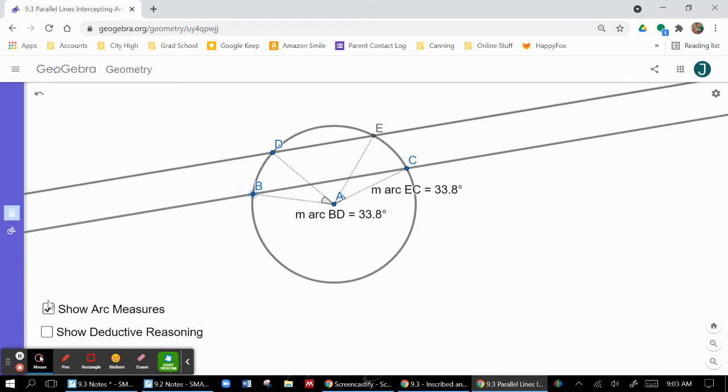Now, why this is true is a good one to think about some of the stuff we've learned already. If I draw in this line here, those two angles there are equal because they are alternate interior angles. And if those equal angles intercept arcs, this equal angle here, which is an inscribed angle, intercepts arc EC. This angle here intercepts arc BD. And since those angles are equal, the arcs are going to have to be equal as well.